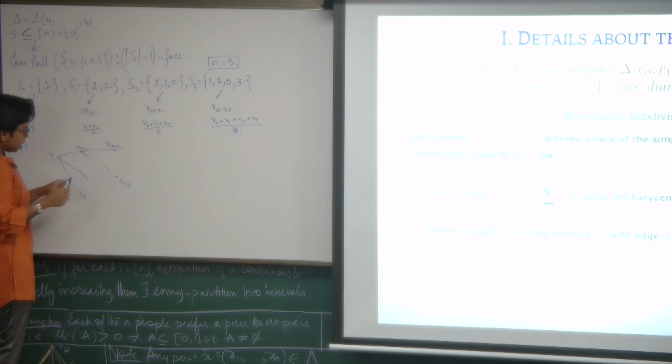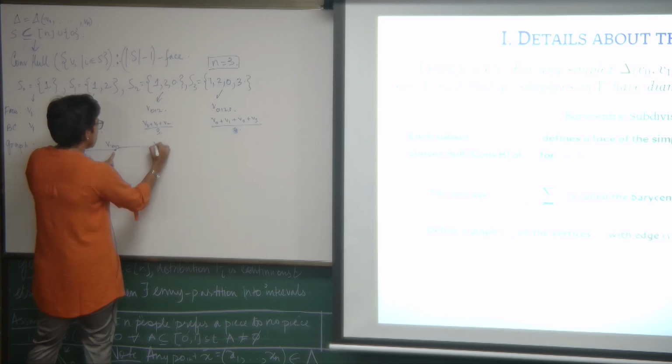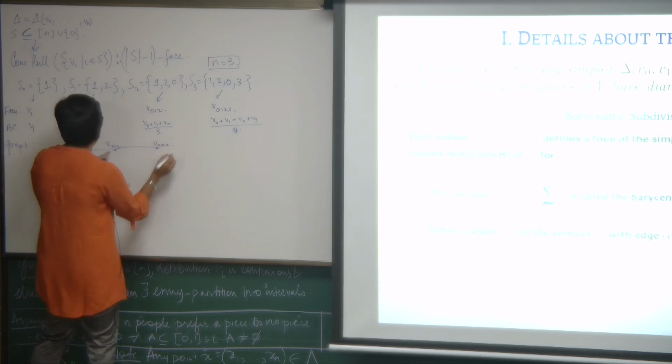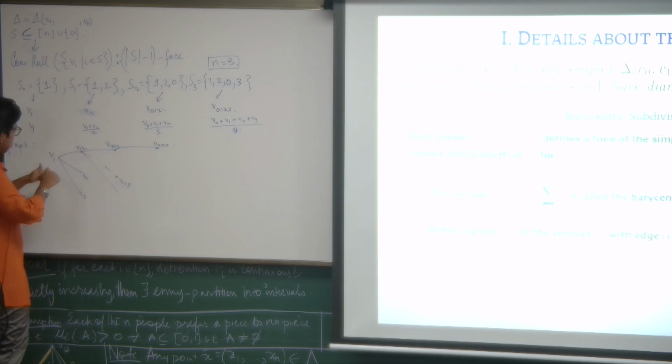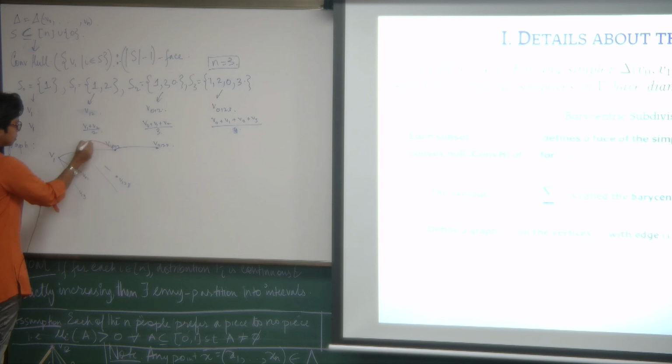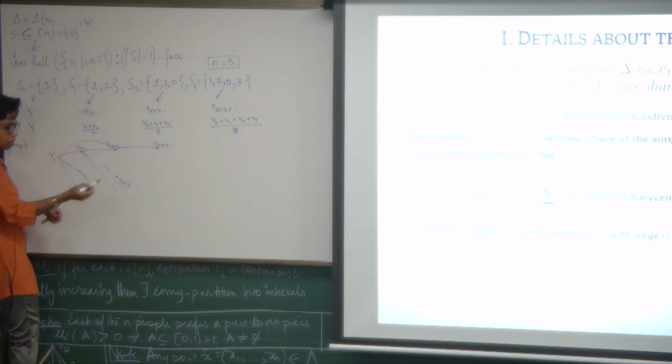So, 0, 1, 2 and similarly 0, 1, 2, 3. Now, this thing that we have defined here, I did not draw these edges, but they are obviously there, because this containment, set containment, is a transitive relation, right.